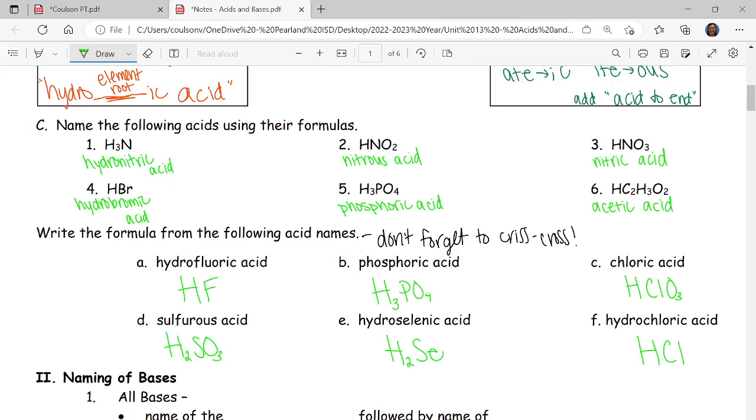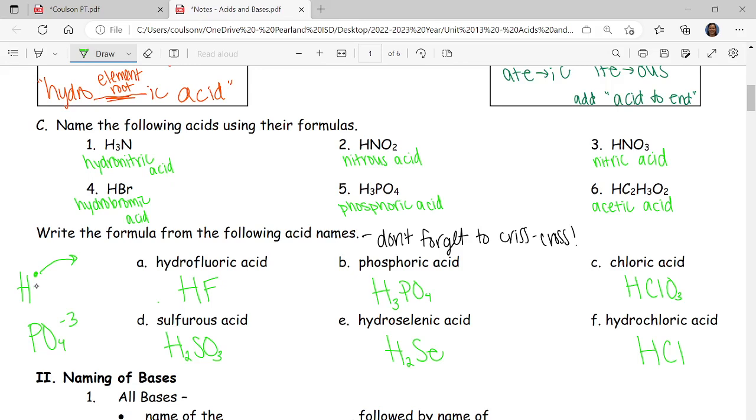Our shortcut to mathematically figure this out without having to draw it and figure out whose electrons are going where is the crisscross method. So if I have hydrogen that wants to lose an electron, hydrogen normally has 1 electron and wants to get rid of it, versus if I have phosphate, PO4 with a -3 charge, phosphate is going to get its -3 charge by gaining 3 electrons.